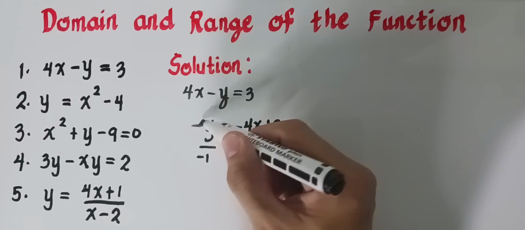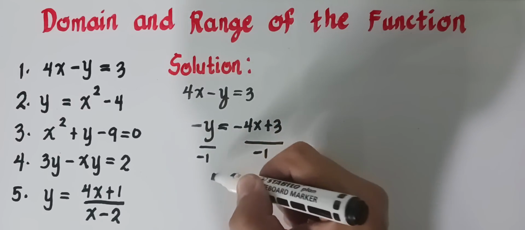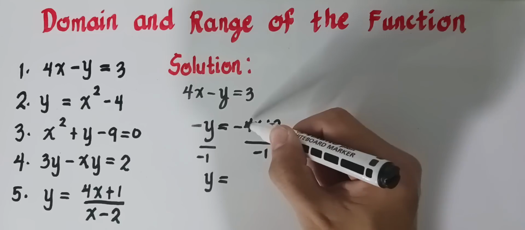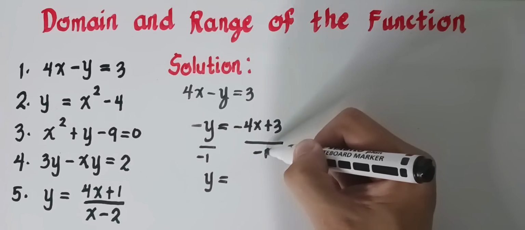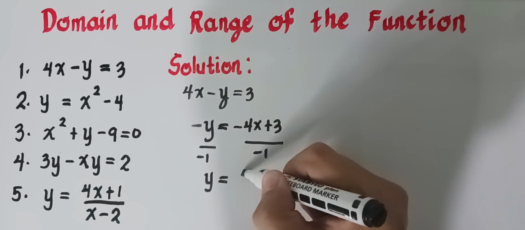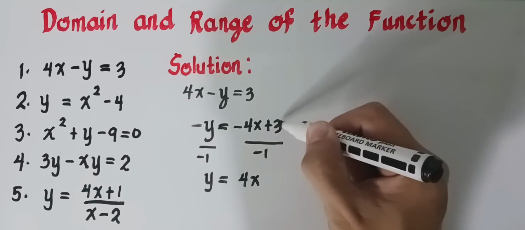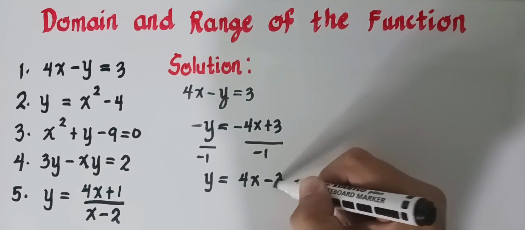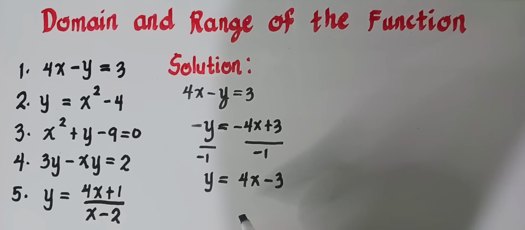So negative divided by negative is positive. So this becomes positive y is equal to negative 4 over negative 1, that is equal to positive 4x. And then positive 3 over negative 1, that is equal to negative 3. Okay, since y is a polynomial, kasi ayan o, 4x minus 3, so binomial siya, di ba?